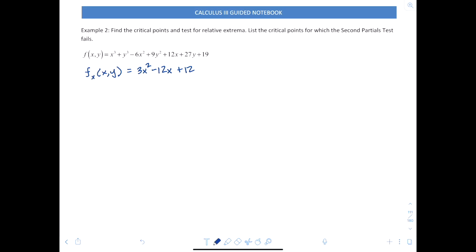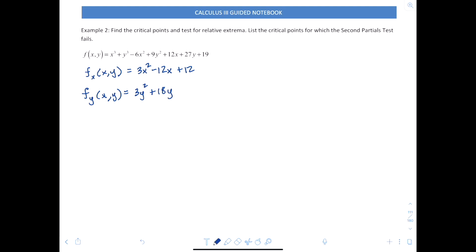So here, fy at x and y is going to be 3y squared. The first term zeroes out, the third term zeroes out, plus 18y, and then the fifth term zeroes out. Is that 1, 2, 3, 4, 5? Yep.